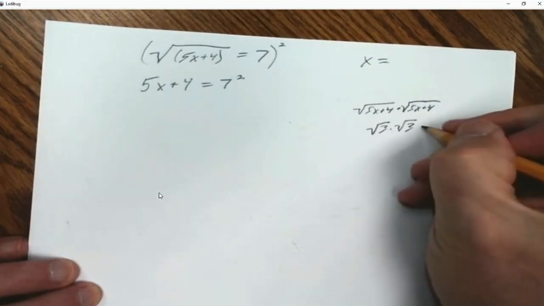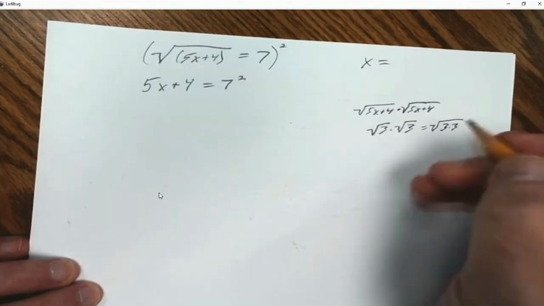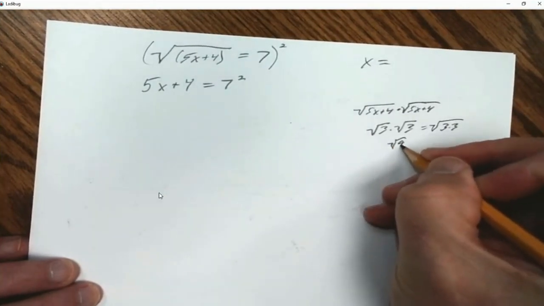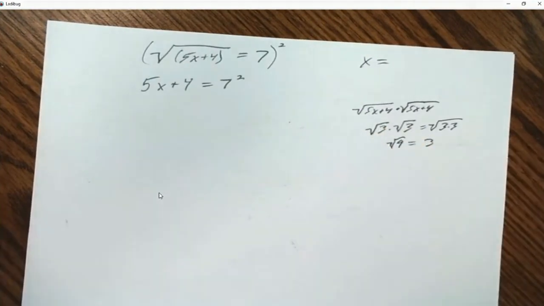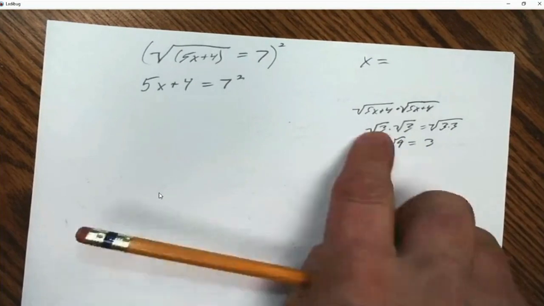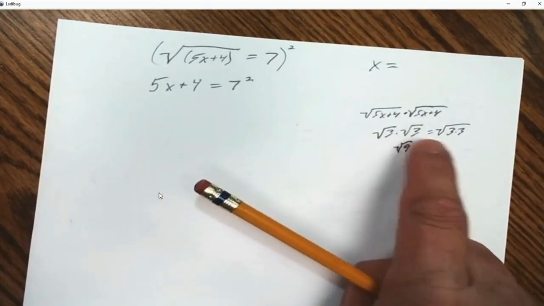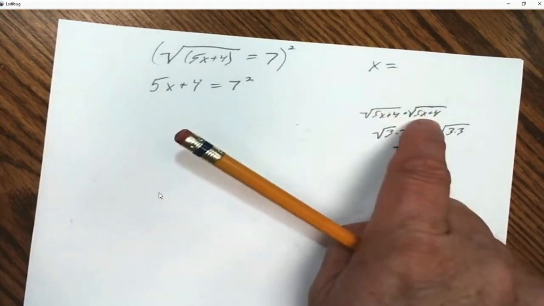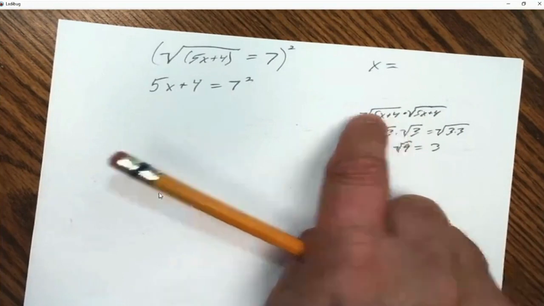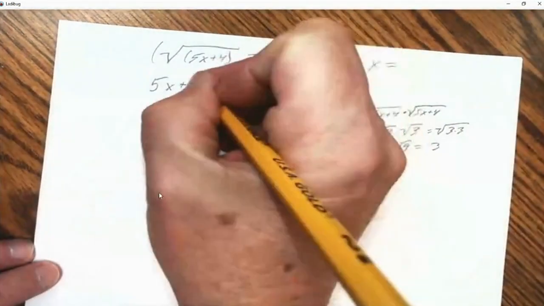That's the same as the square root of 3 times 3, which is the square root of 9. What's the square root of 9? 3. See, it just cancels out the square root. If you take it times itself and it's the square root, you're going to get whatever the radicand is. So in this, whatever the radicand is will be the answer. It's 5x plus 4. They cancel each other out.